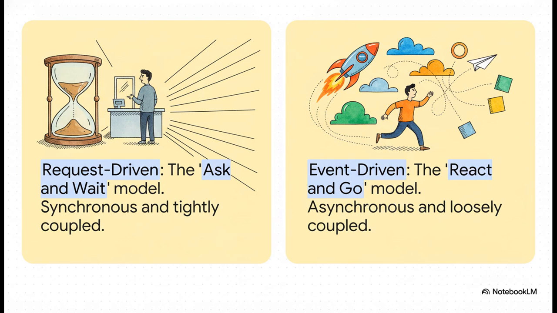You make a call, and your application is just stuck, waiting for a response. It's synchronous, and it creates these really tight dependencies between your services. Event-driven is the complete opposite. It's react and go. You fire off an event and just move on, totally asynchronously. This is what allows your components to be loosely coupled, which means they don't even need to know about each other to do their jobs.